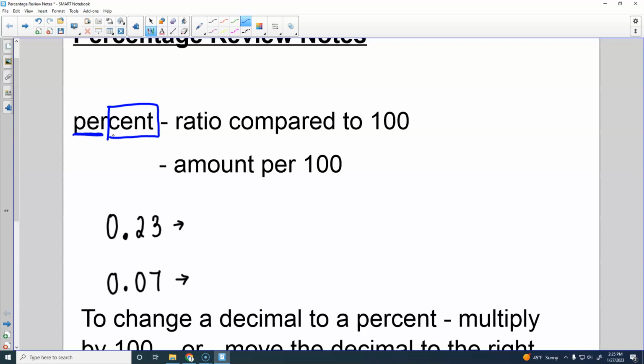What words do you know that have something to do with cent that involve 100? Money, right? For a cent, you got 100 cents equals $1. You got century, which is 100 years.